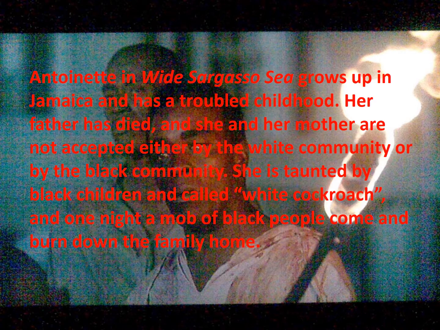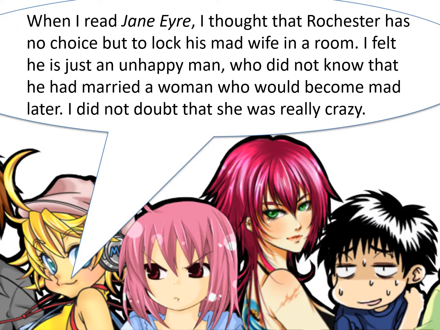So that's the sort of background to Antoinette, who, from being Antoinette Cosway, becomes Antoinette Mason when her mother marries for a second time, and she becomes Bertha because for some reason the Rochester character in Wide Sargasso Sea decides that he likes that name, so he calls her by that name.